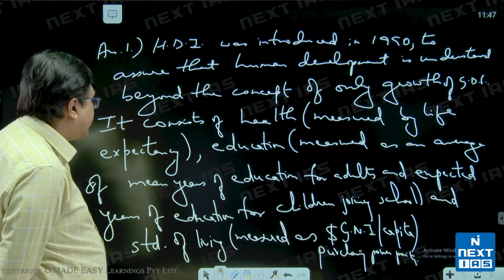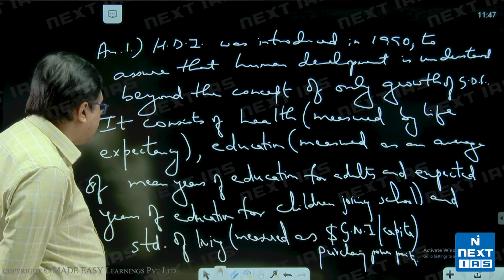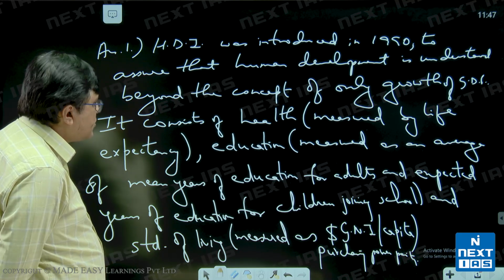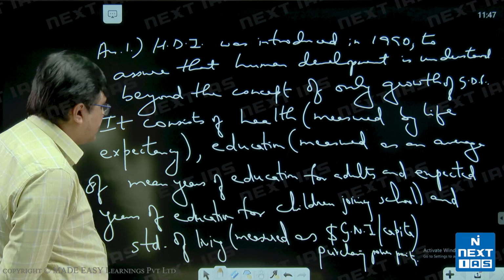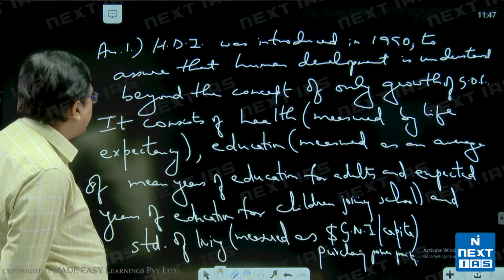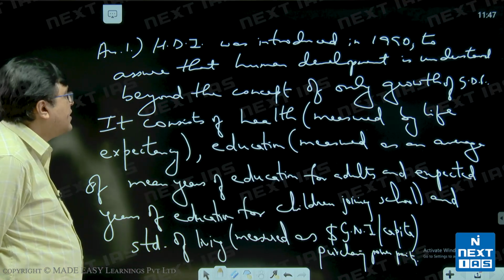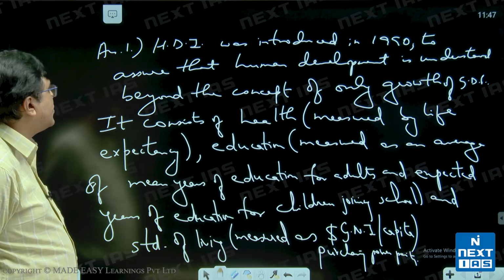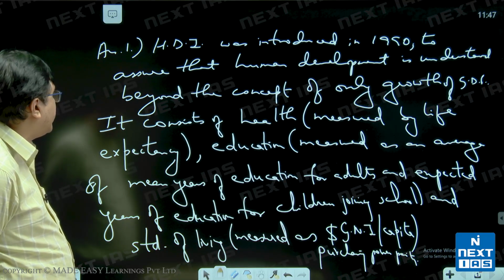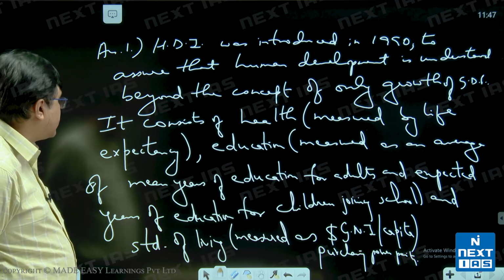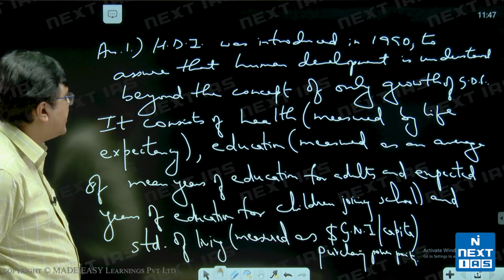So in the first part, we talk about what is HDI, when was it introduced, what was the objective of introducing it, and how it is measured. It was introduced in 1990 to assure that human development is understood beyond the concept of growth of GDP and consists of health, education, and standard of living.